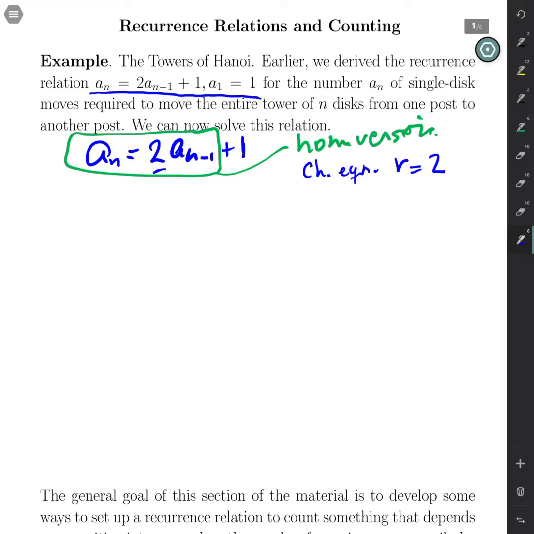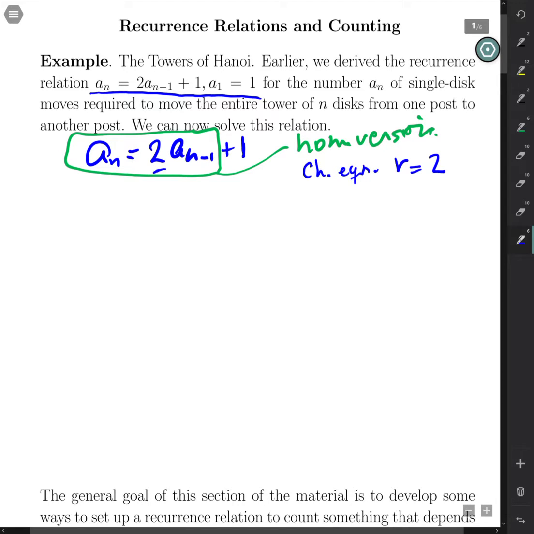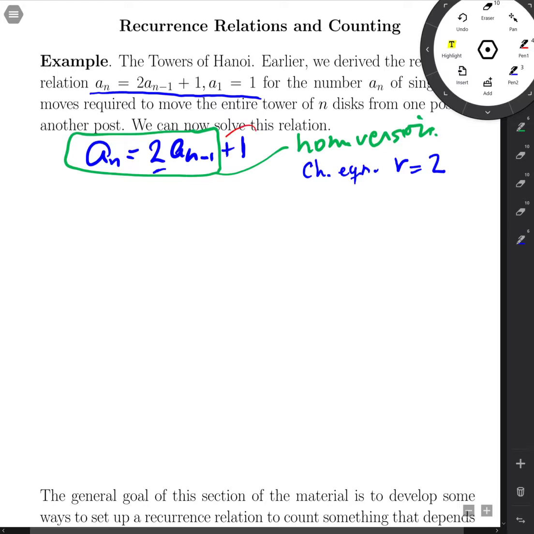So we know r is this thing right here. Let me say one more thing about it before I dive in. So here's the non-homogeneous part, and that's just a constant.